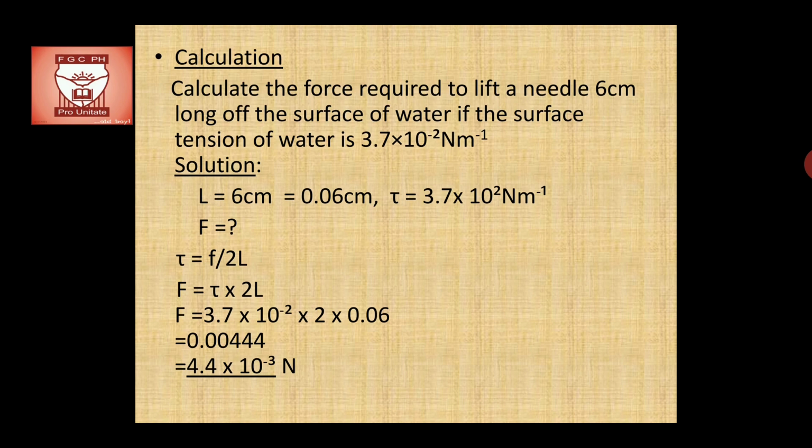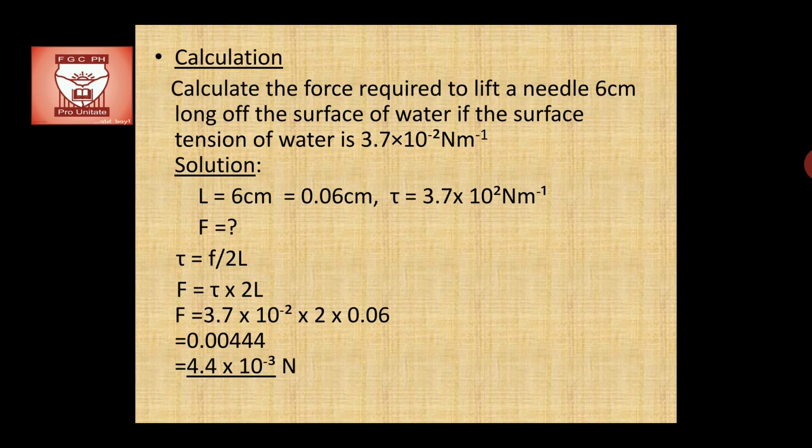Now, surface tension, 3.7 times 10 to the power minus 2 Newton per meter. So you've written out all the information given. You are asked to calculate the force. F equals question mark. Now quote the formula for the surface tension: F over 2L. Do your substitution.